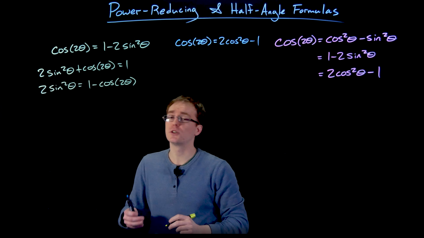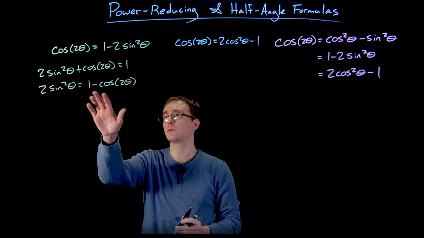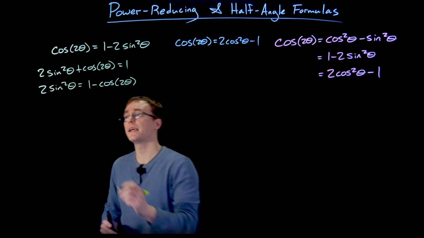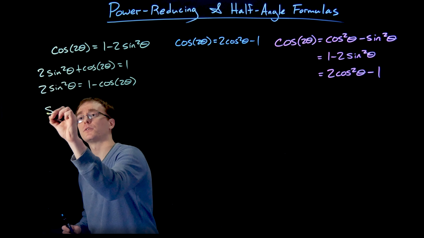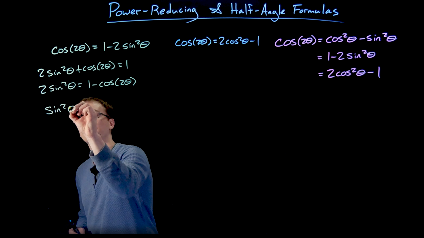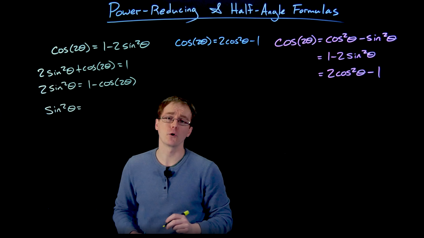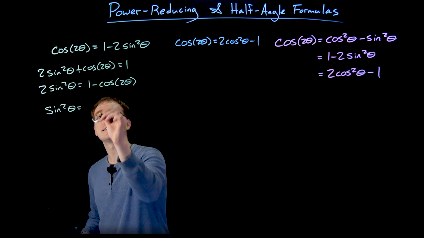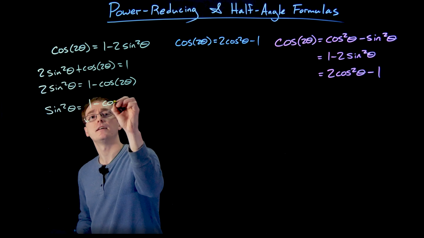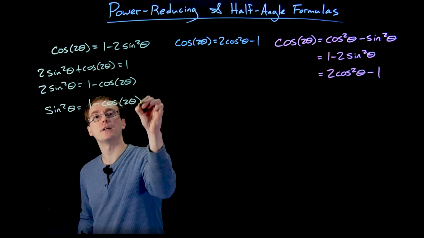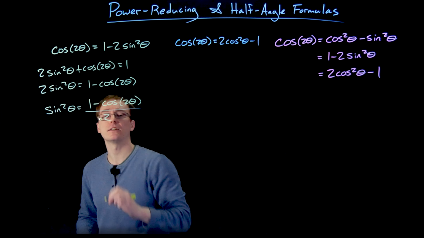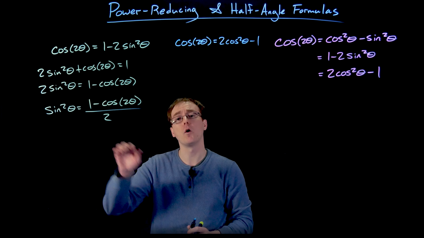That lets us know that 2 times sine squared of theta is equal to 1 minus cosine of 2 theta. And then to finish it off, we divide both sides by 2. And we get our first power reducing formula, the one for our sine function. It tells us that sine squared of theta is equivalent to, or can be rewritten as, 1 minus cosine of 2 theta all over 2.